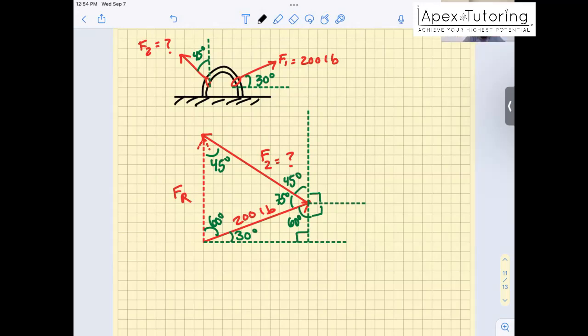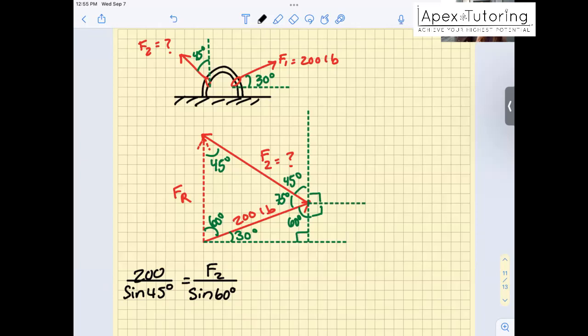200 over sine 45 equals F2 over sine 60. Sine law, so sines always sine. Yeah. Okay.